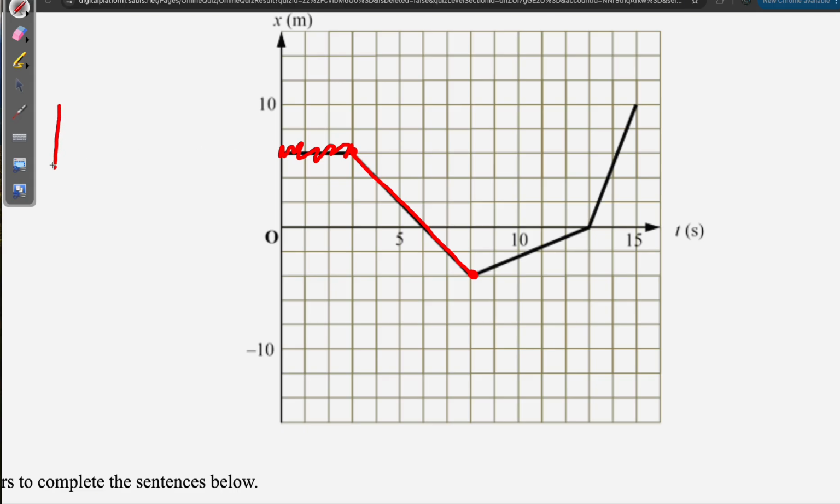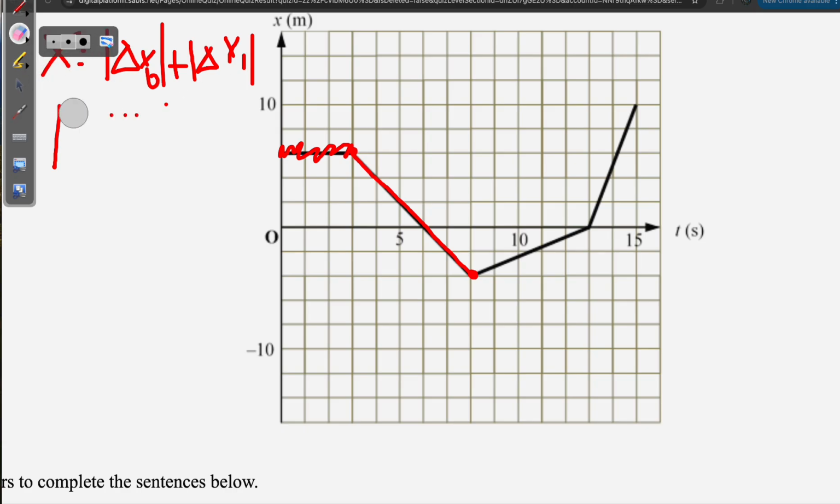We can take the sum of the absolute values of all the displacements. So the distance is the absolute value of delta x0 plus the absolute value of delta x1, and so on.